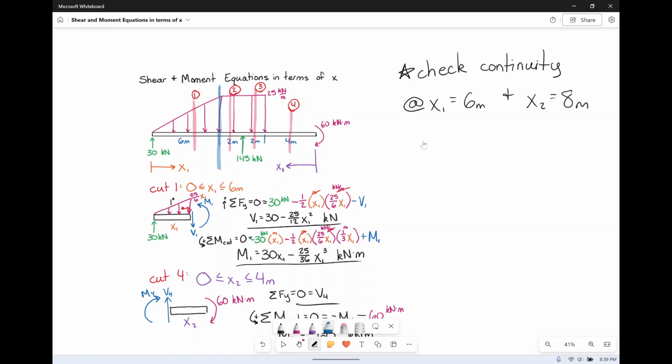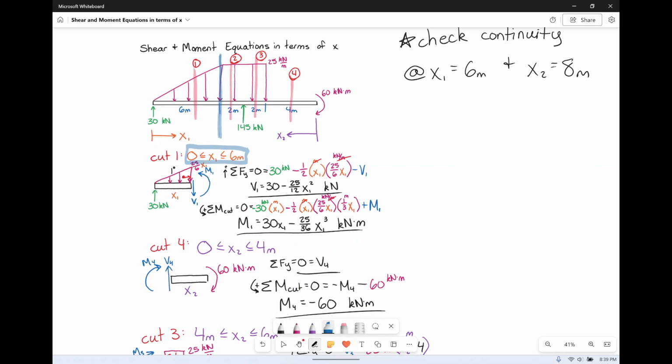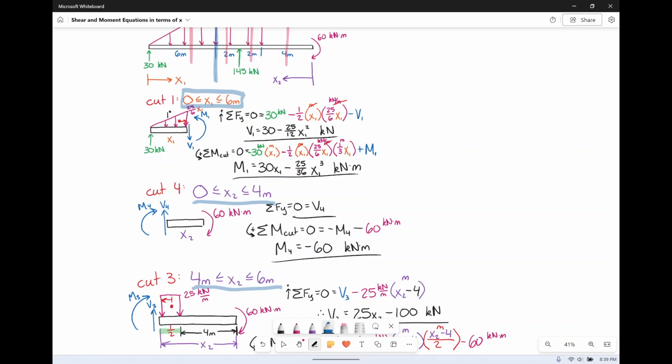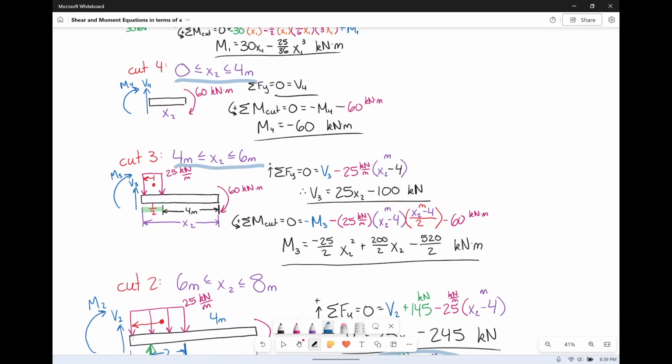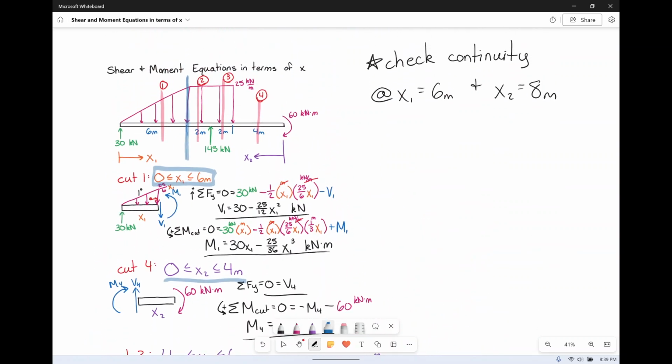So remember, I made you write out these equations, and I told you they're really useful because obviously there's the x1 equation where we can plug in 6. 8 does not exist between 0 and 4. 8 does still not exist between 4 and 6. But 8 does exist between 6 and 8. So we have to use cut 1 and cut 2. You should be able to look at your cuts on your free body diagram and see that. But again, if you're not paying attention because you didn't label your stuff right, you need to make sure you're picking the right equations. So we're going to check it for shear and moment at these values.